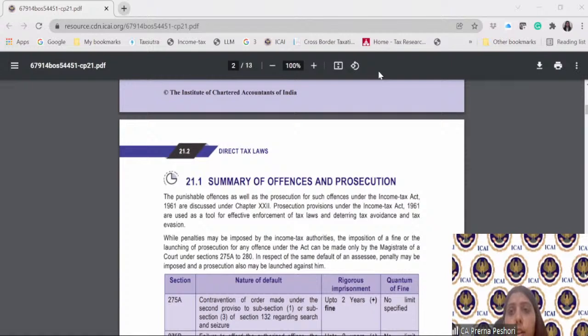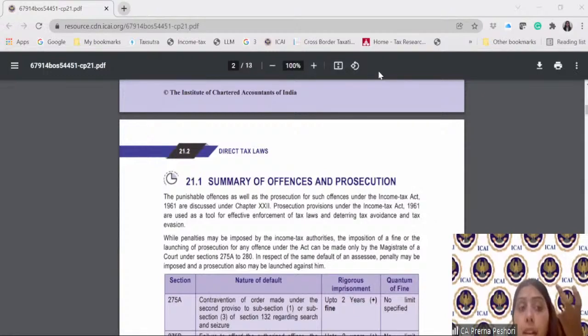So if you remember under 132, we had a provision that any person to whom the notices or summons are issued will have to produce the books of accounts, right? Or if he is in possession of the jewelry, then he does not have to part with that jewelry, right? Under 132(1), the income tax officer, or basically the officer who is conducting search, can enter the building.